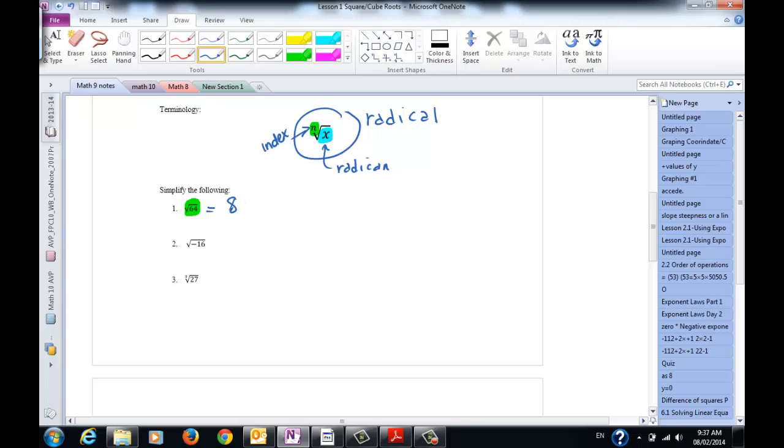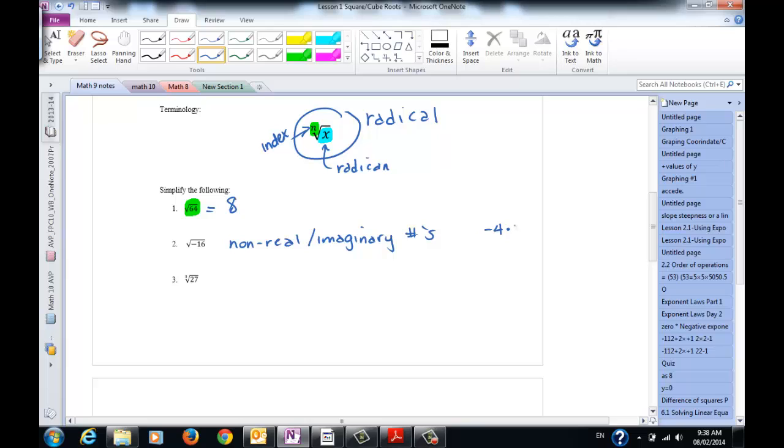The second example is the square root of negative 16. What number multiplied by itself twice equals negative 16? In fact, we call these non-real or imaginary. That's because, can you ever multiply a number by itself twice to equal a negative? And the answer is no. For example, some of you might have said negative 4.